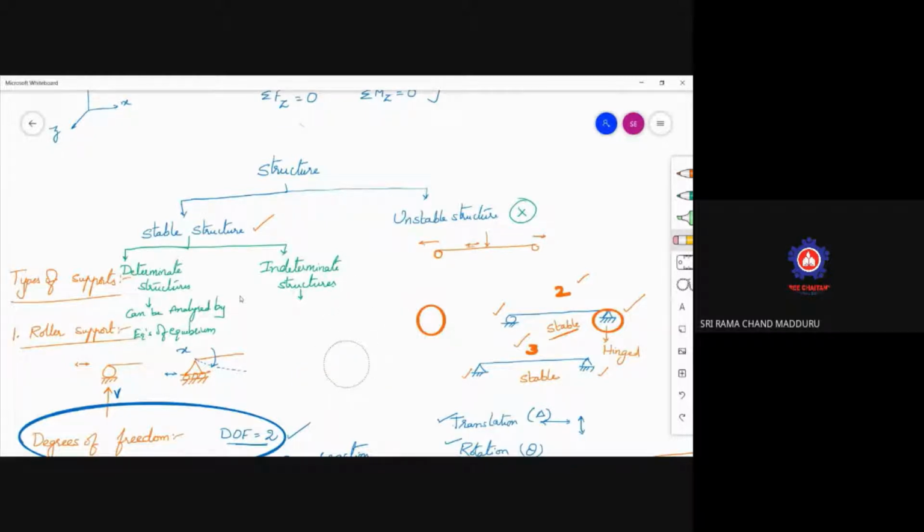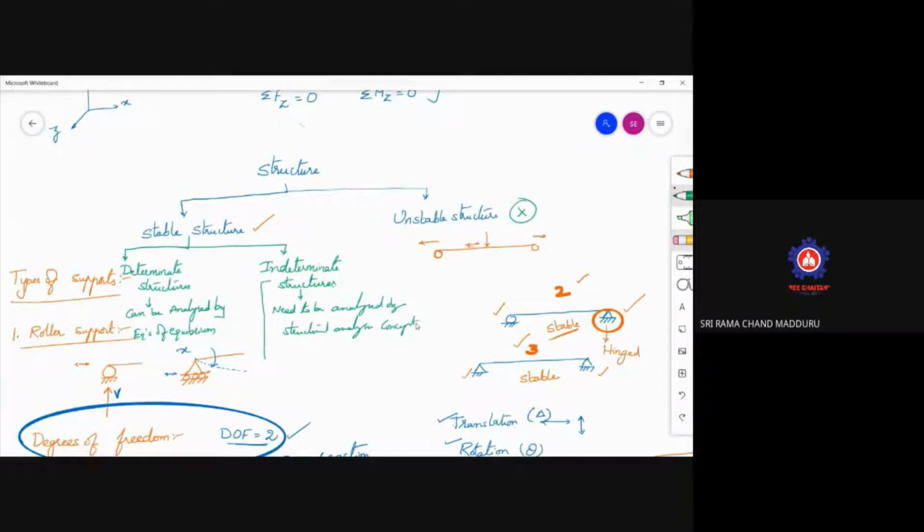Whereas indeterminate structures are to be analyzed with the help of structural analysis concepts.